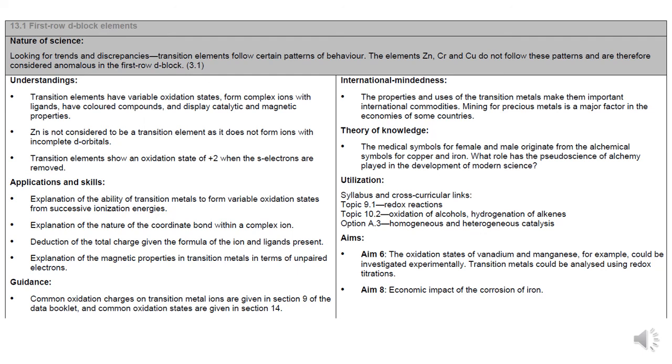Okay, so in this video, we've talked about variable oxidation states, complex ions, coloured compounds, and catalytic and magnetic properties. I've talked about what is a transition metal and why zinc is not one.